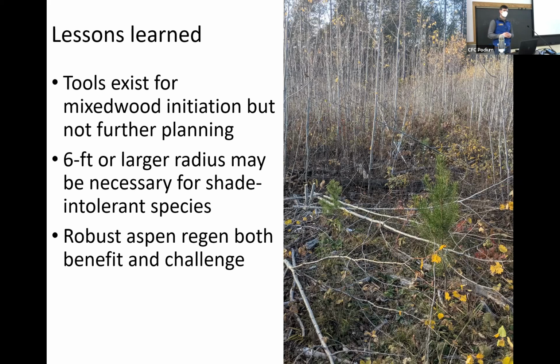So one of my lessons learned, I'll go to the bottom first, is that robust aspen regen is both a benefit and a challenge. It's a benefit to making sure that a harvested site gets brought back to a young forest condition, but it's also a challenge, in particular when you're thinking of diversity, because it's so aggressive.